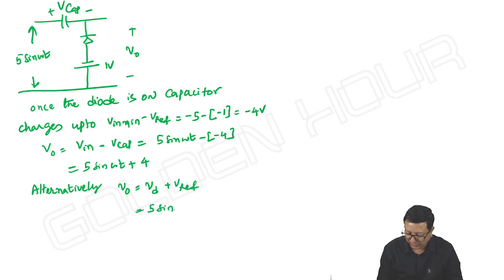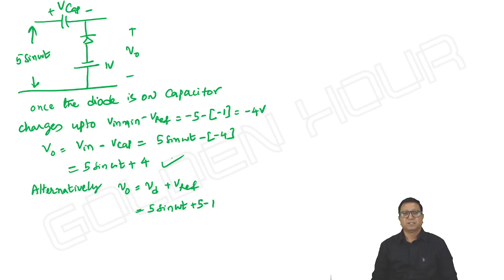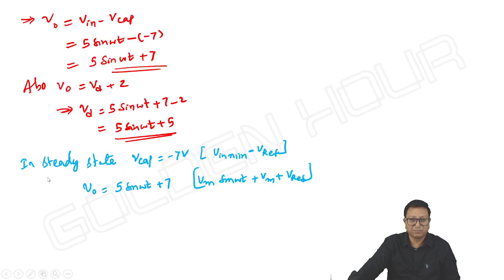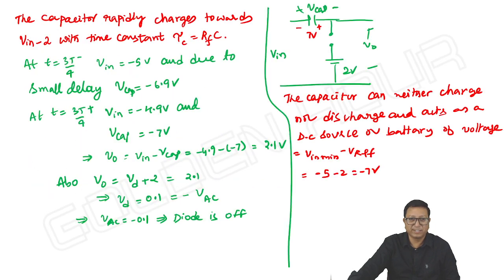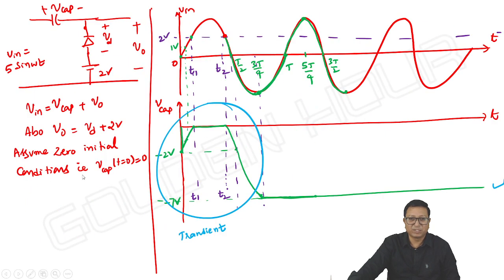It is 5 sin omega t plus 5 and V reference is minus 1. Ultimately the same answer we are getting. Okay, that's it. This is how we can analyze it. If you want to see the transient response, the students can try, doesn't matter. Here I am not doing it because I have given more than enough explanation for all these clamper circuits.